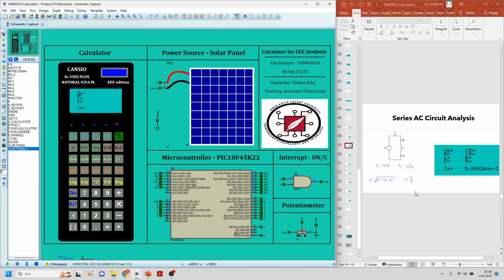The calculator uses these formulas to obtain the source current. We found the source current as 5.96 milliampere as we expected.